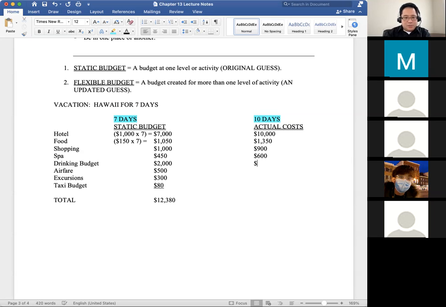Drinking was $1,980. Let's say airfare was $500. Excursions were $400. And then taxi was $120. Okay, so then my actual cost is how much?